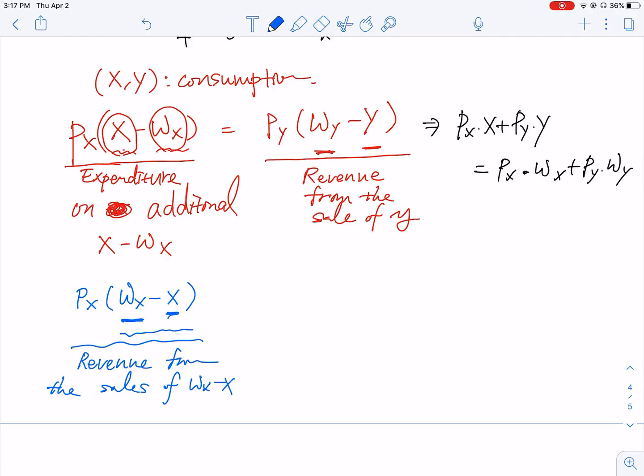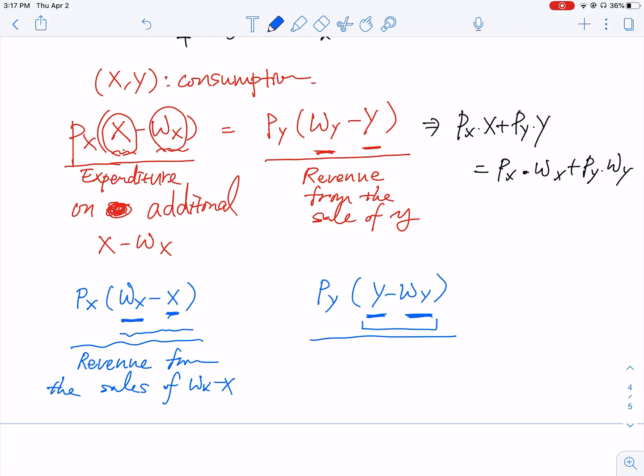And using that money, I can buy more y. So this is how much y you had in the first place, and this is how much you are going to consume in the end, right? So this is the additional amount of y you need to buy.